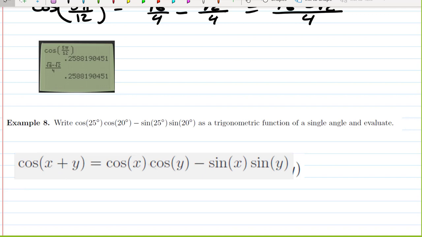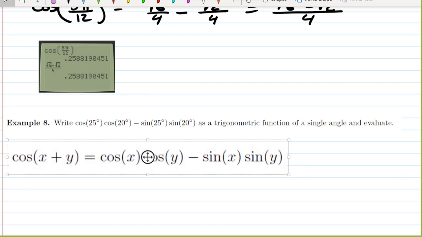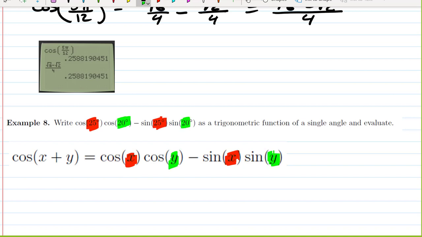So we identify what our pieces are, and we see then that our x is going to be 25 and that our y is going to be 20.